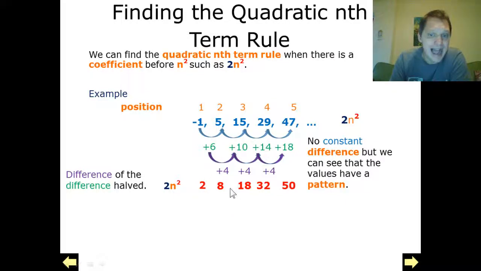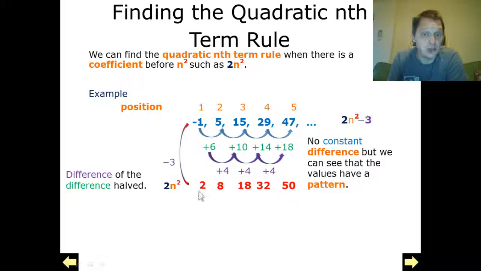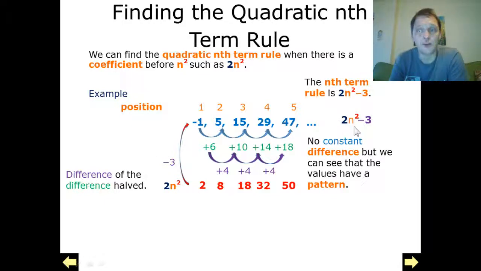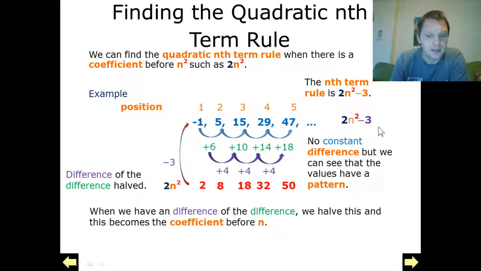So I end up with 2, 8, 18, 32, and 50. Going to look at the difference between my newly created sequence and my original sequence, and it is constant each time. It's subtracting 3. So I'm going to add this to the end of my 2n squared. So my nth term rule for this is 2n squared minus 3.